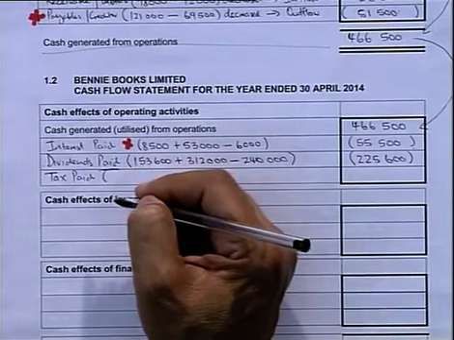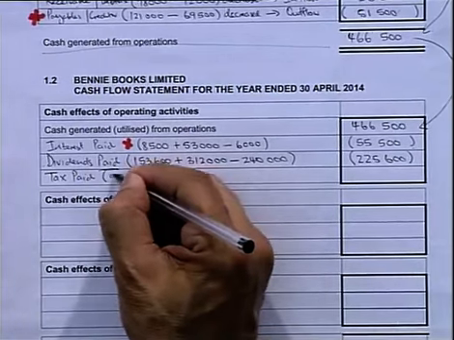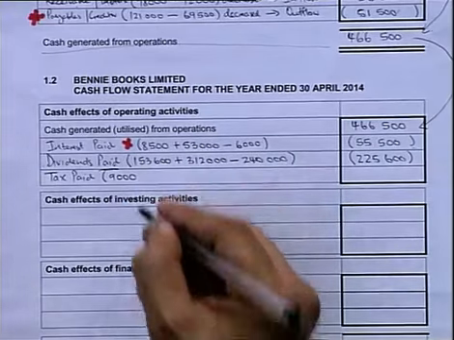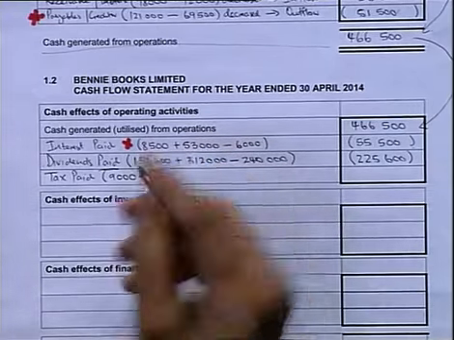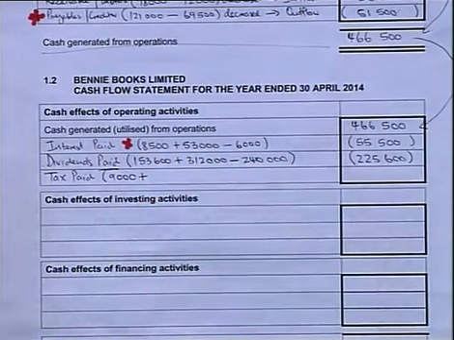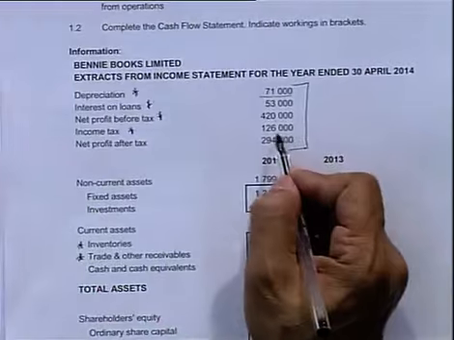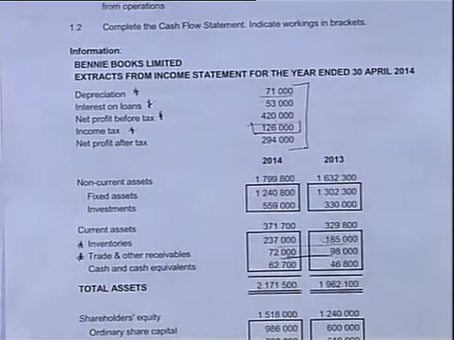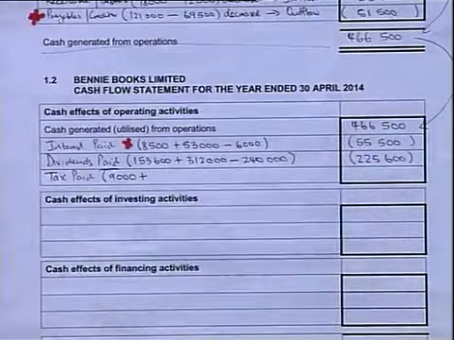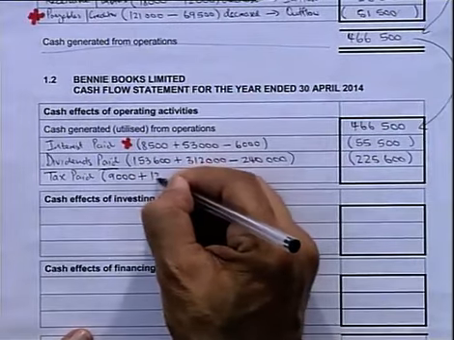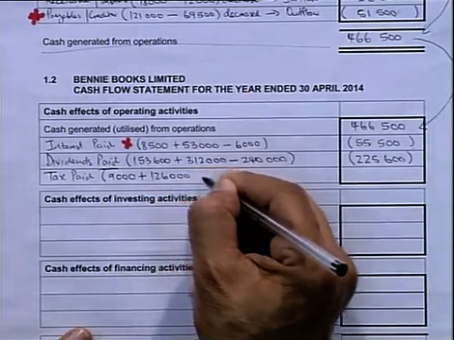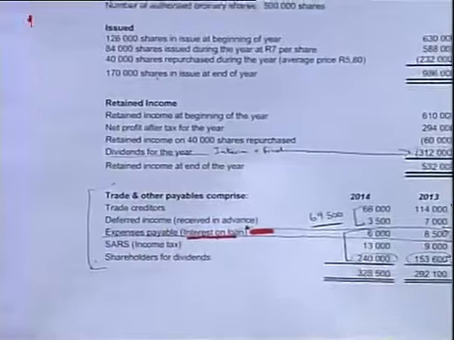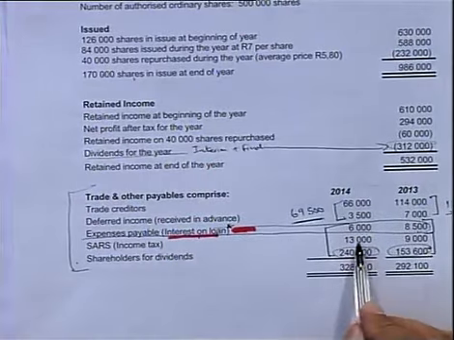So we owe SARS 9,000 of last year, plus the income tax for this year. Now the income tax amount is 126,000. So that 126,000 we'll be adding. And we still owe them for this year 13,000.